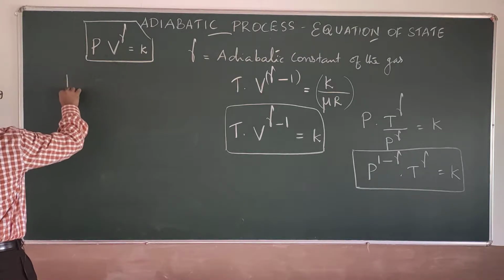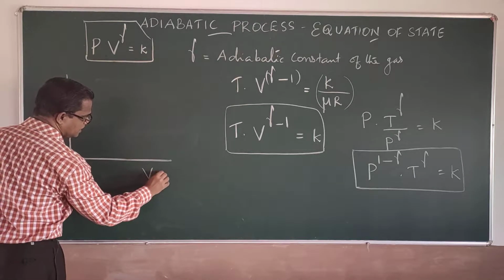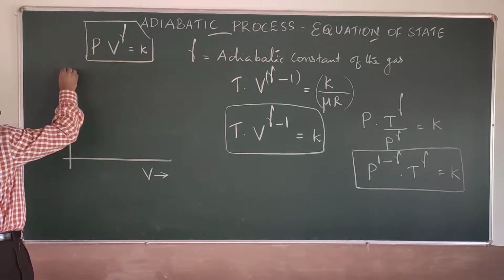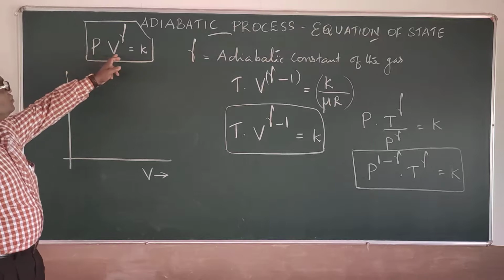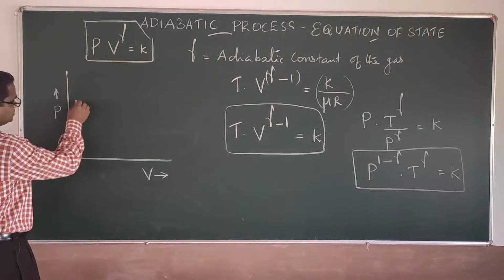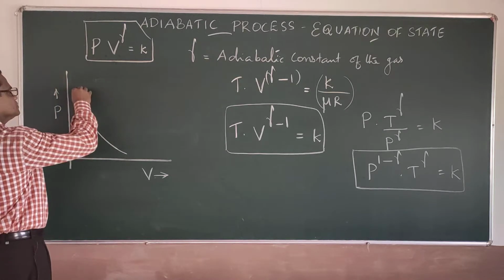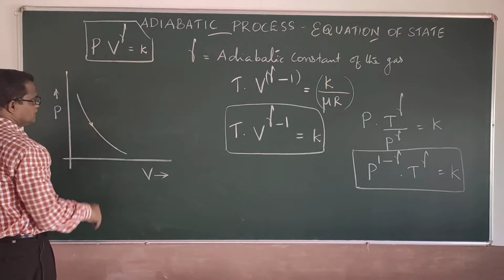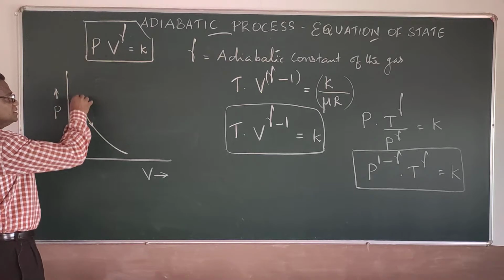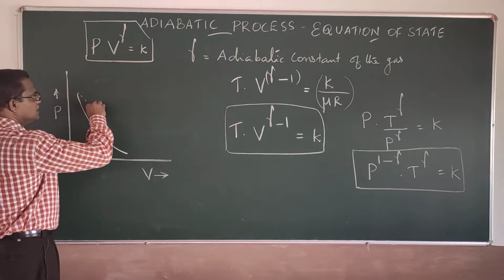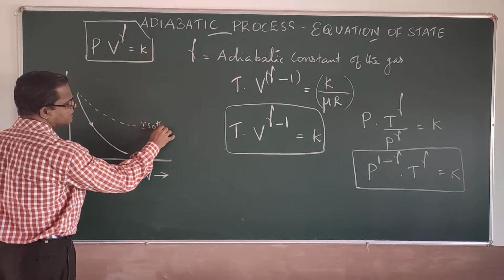Therefore, I consider the pressure and volume equation here, V along x-axis and P along y-axis. So P into V raised to gamma, sudden expansion. So it is found to be like this. Alright. So adiabatic expansion, it is like this. If it is isothermal, it goes like this. This is isothermal expansion.